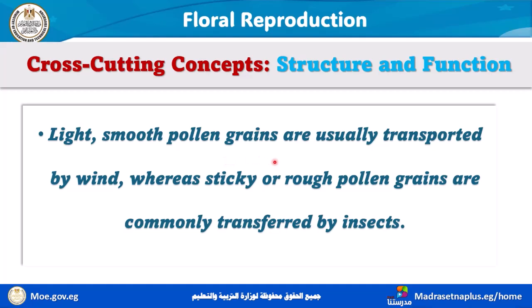In case of wind-pollinated flowers, the pollen grains are light, smooth, and in large numbers, as we have mentioned before, while in case of insect-pollinated flowers, the pollen grains are sticky or rough to allow the attaching of the pollen grains to the hair of the insects.